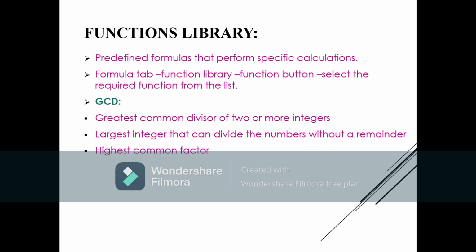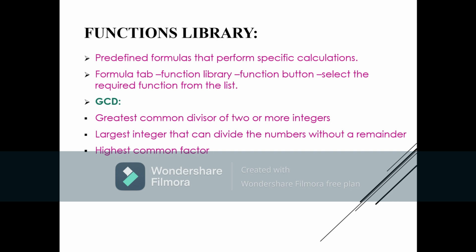So when you want to find the GCD, the greatest common divisor of two or more integers, we have to use this GCD option under the math and trig category.